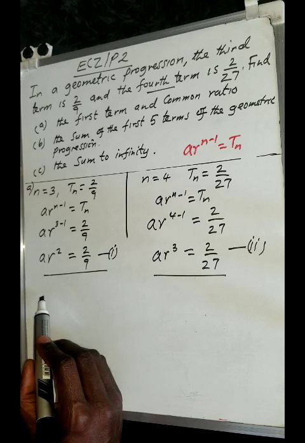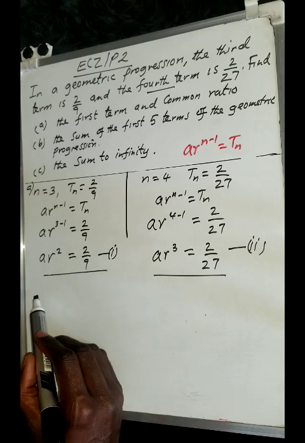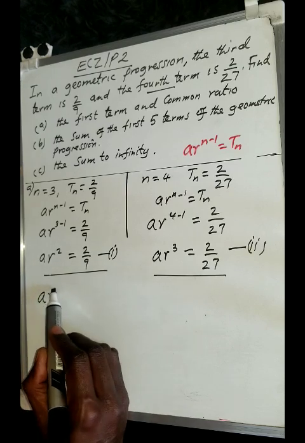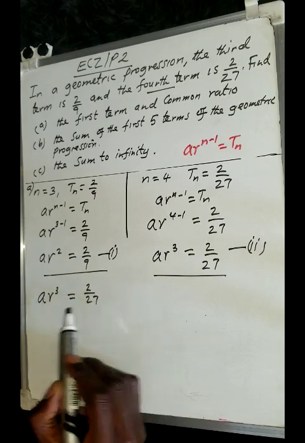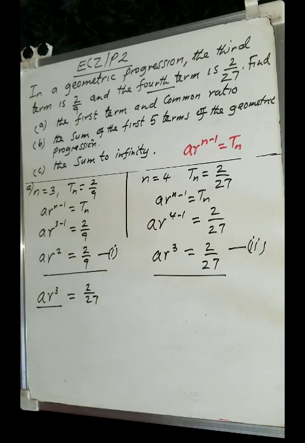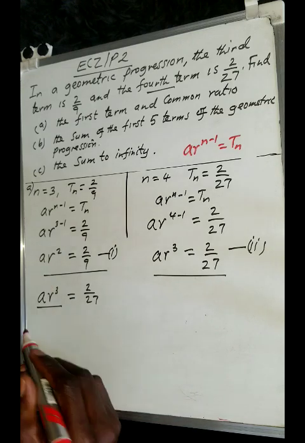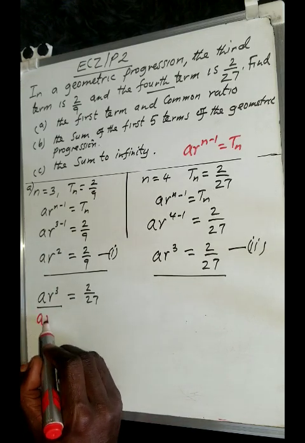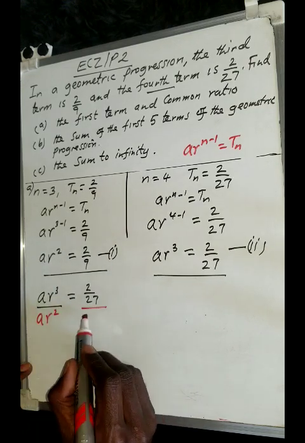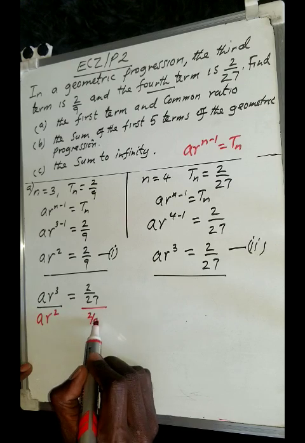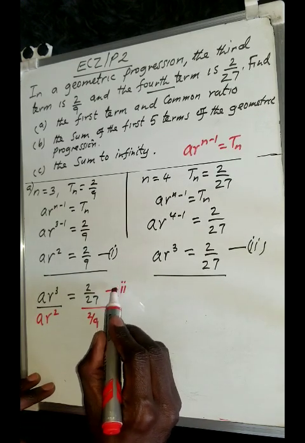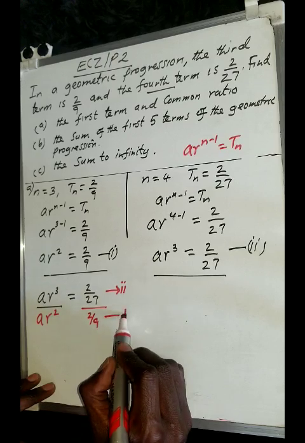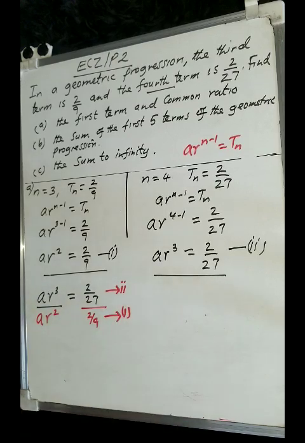You get equation 2, ar^3 is equal to 2/27. You divide by the first equation, so it will be ar^2 over 2/9. So this is equation 2, and I've divided that by equation 1.